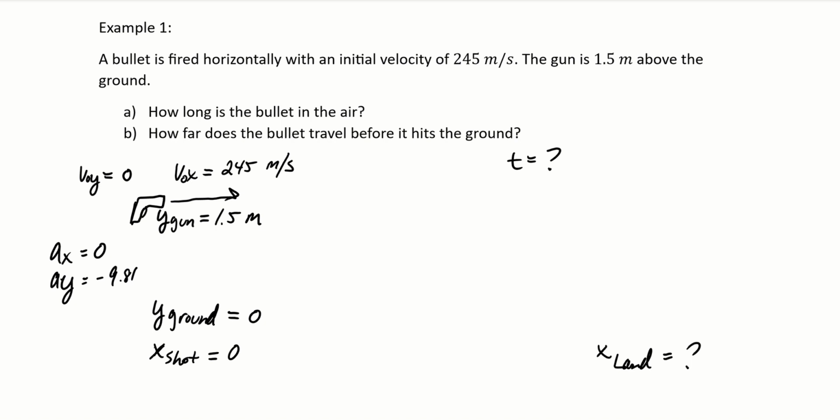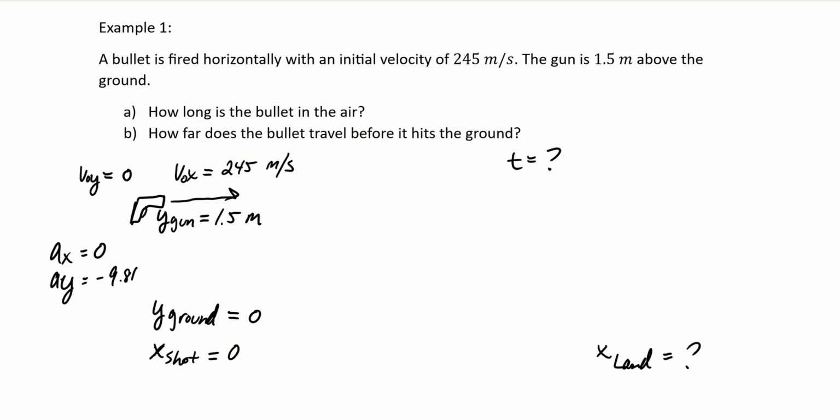So that's all of the information we know based on this scenario, and that's enough to determine how long the bullet is in the air. The bullet, once it leaves the chamber, is moving really fast, 245 meters per second, but it's in free fall in the y direction. So gravity is pulling on it, and no matter how fast the bullet is moving in the x direction, it's going to be accelerating downward at negative 9.81 meters per second squared.